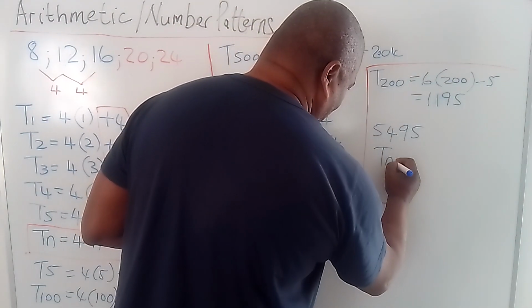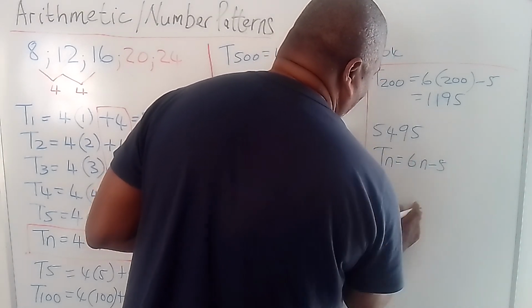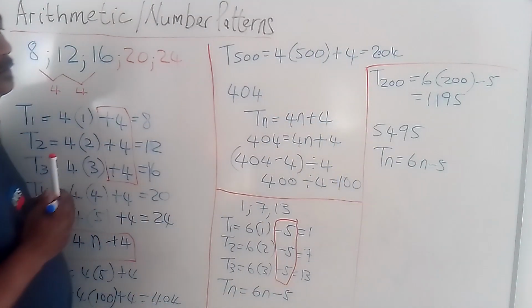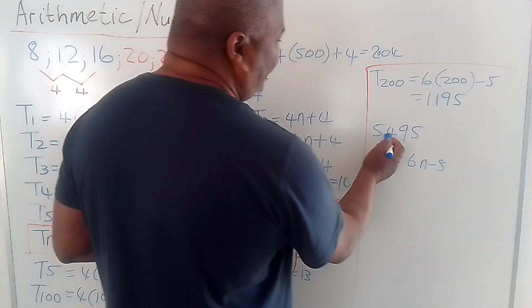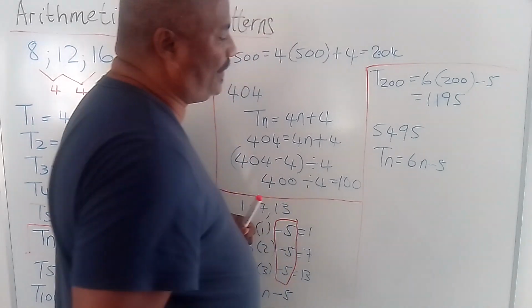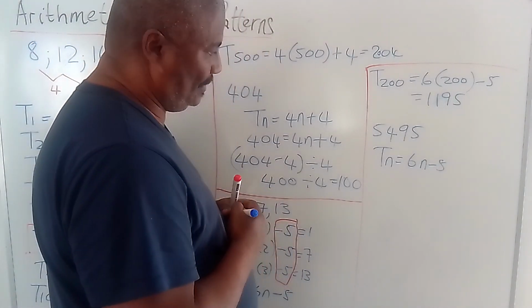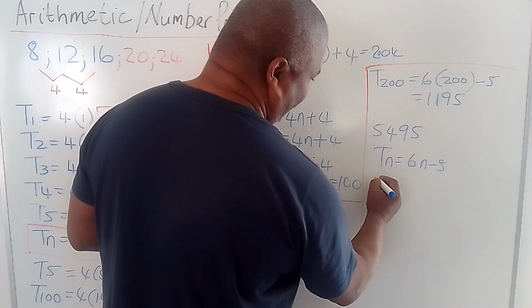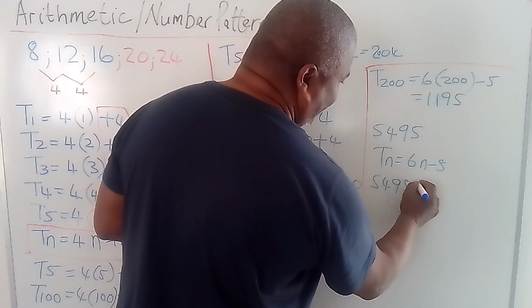We now have 5,995, and we must find the term. So let's do the opposite then. We say 5,995 plus, instead of minus, we plus 5 now.